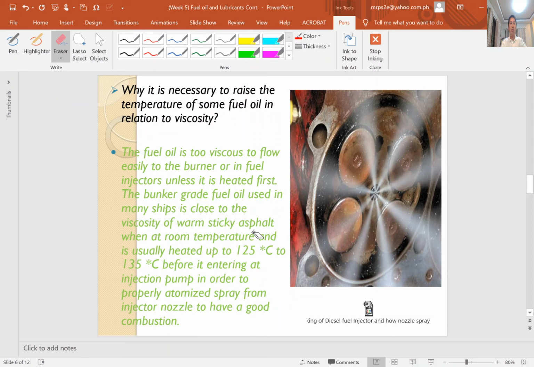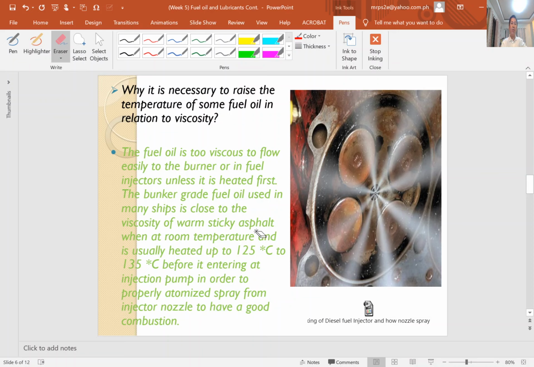So very viscous, very sticky. It will not burn inside, or the injector or the injection pump will be stuck and it will not be atomized to the injector. It should be the same as you can see here on the photo. So this is good atomization.